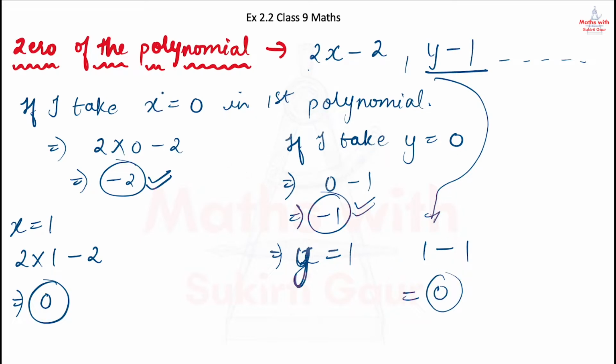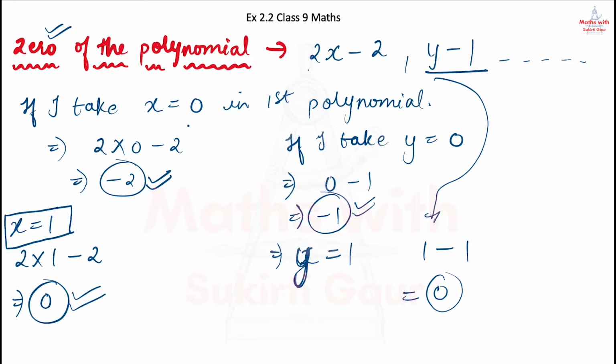So what do we mean by zero of the polynomial? See, the value of x or the value of the variable at which the polynomial is giving us answer as 0 is called the zero of that polynomial.